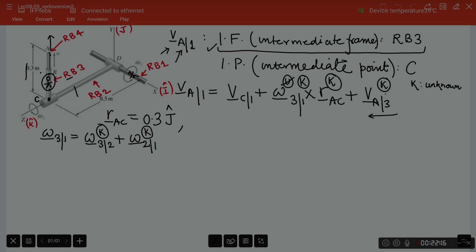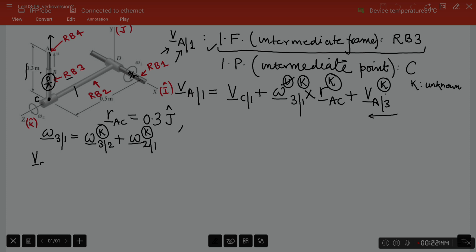The next quantity is Vc1. What is Vc1? To get Vc1, I will once again use the velocity transfer relationship. However, this time I will try to find Vc1 using a different intermediate frame and a different intermediate point.